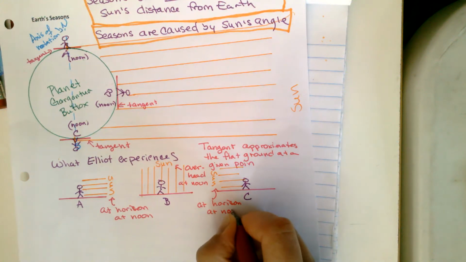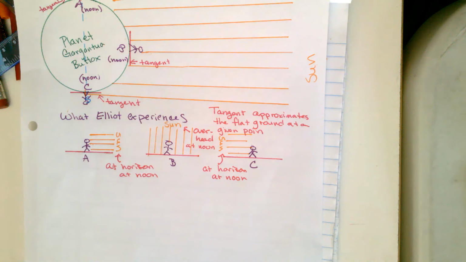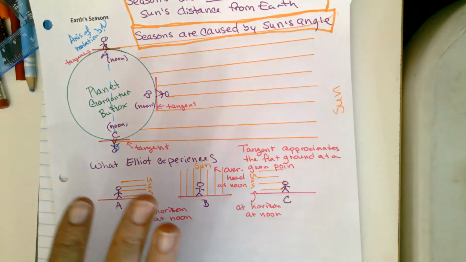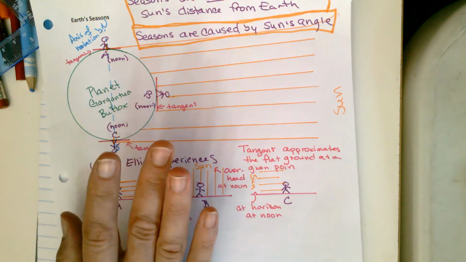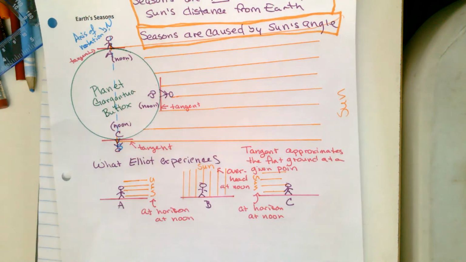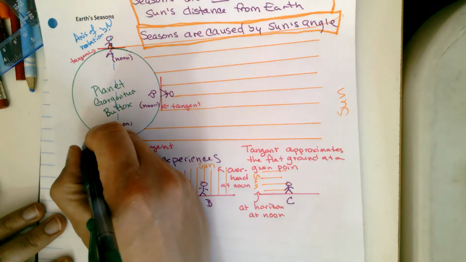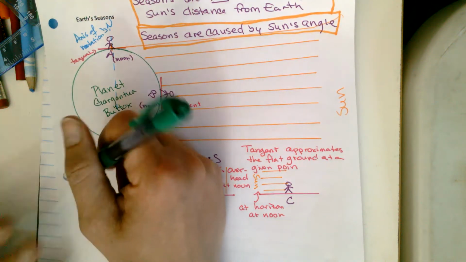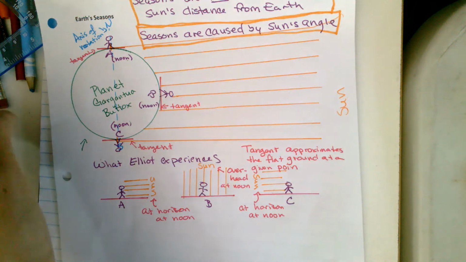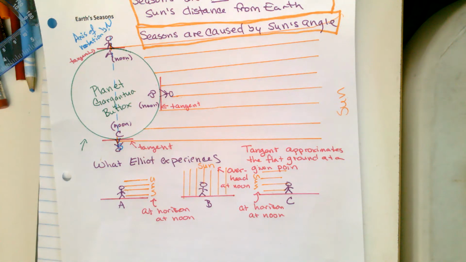Now, the tricky thing here is that this situation with planet Gargantua is basically the situation that we experience during an equinox, okay? Either the fall equinox or autumnal equinox, or the spring equinox. So this actually models the equinox. If this is our axis of rotation, and this right here, let me get a different colored pencil. I am out of colored pencils.